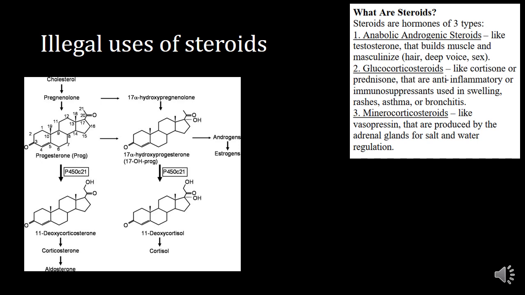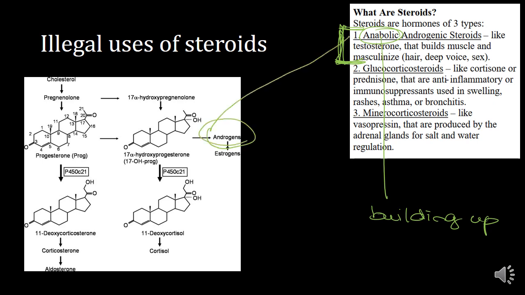Now, most of the time when people are using steroids illegally, it is these anabolic androgenic steroids. So anabolic, if you remember our reaction type, is building up. So remember how I also said that this sort of flow chart was going to come back? So think about it in terms of equilibria. If I suddenly increase my concentration of androgens, I'm going to see increases in my amount of estrogens.